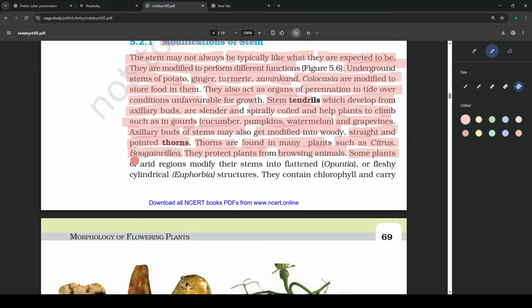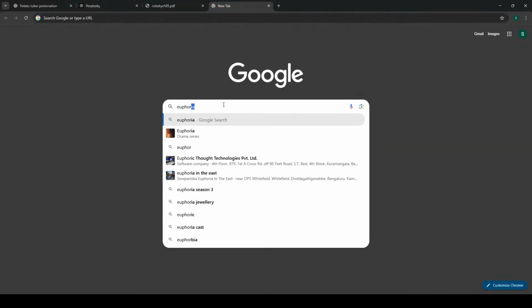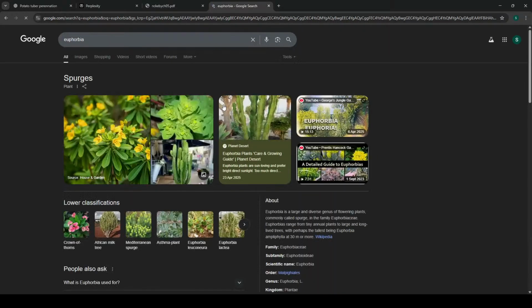Some plants of arid regions modify their stems into flattened or fleshy cylindrical structures. Opuntia is basically our cactus here. Euphorbia is this plant here.